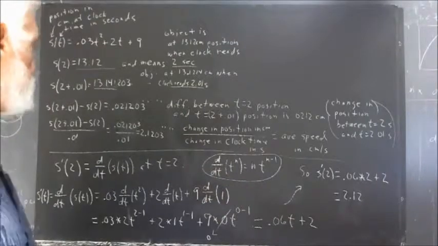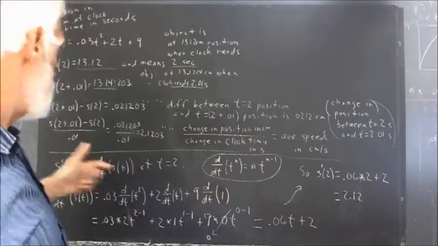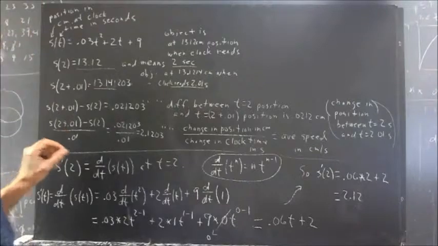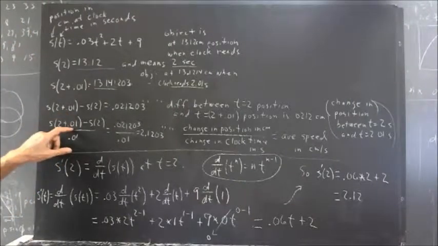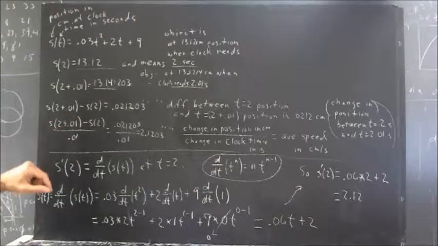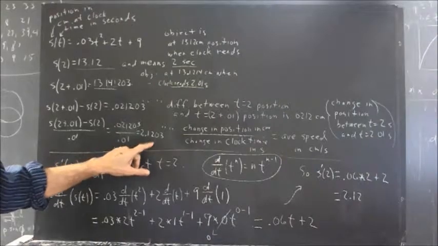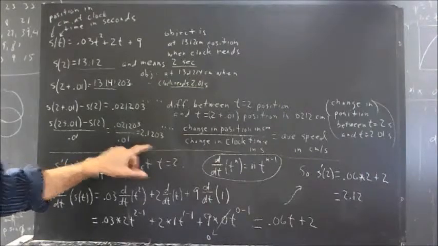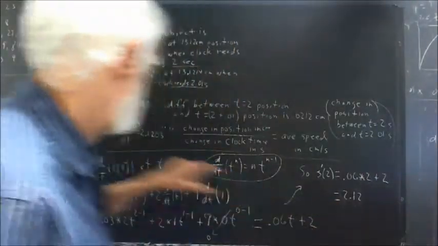Okay. Well, the point is that when we have a 0.01 second interval, the average speed for that interval is very, very close to 2.12.